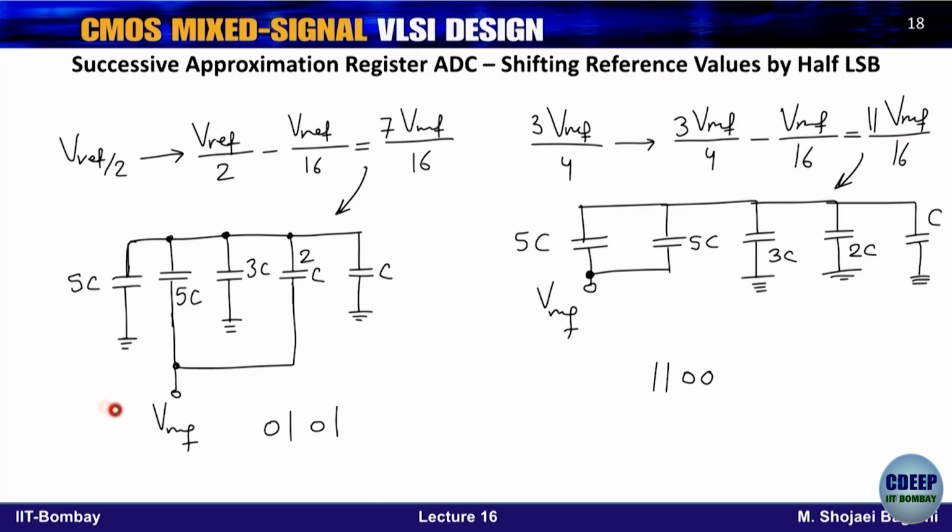I can generate it by using non-binary capacitors. The only problem is that these are not binary weighted, but this is one way as well. Here, instead of 3 Vref upon 4, you are generating 11 Vref upon 16. So you can do the shifting by changing the way you size the capacitors or the way you switch them.